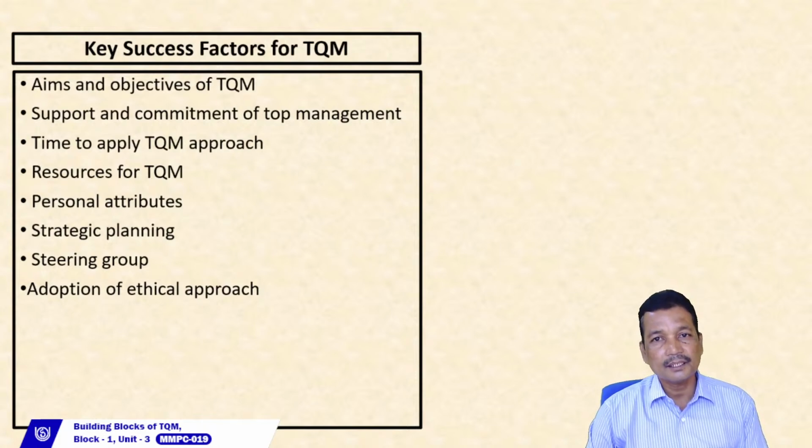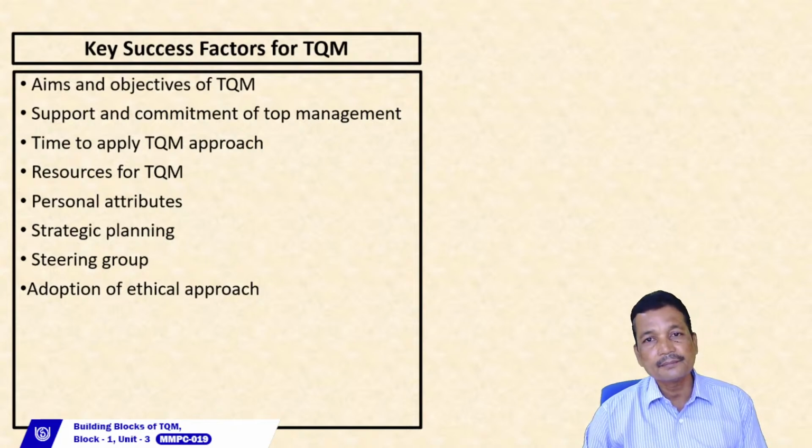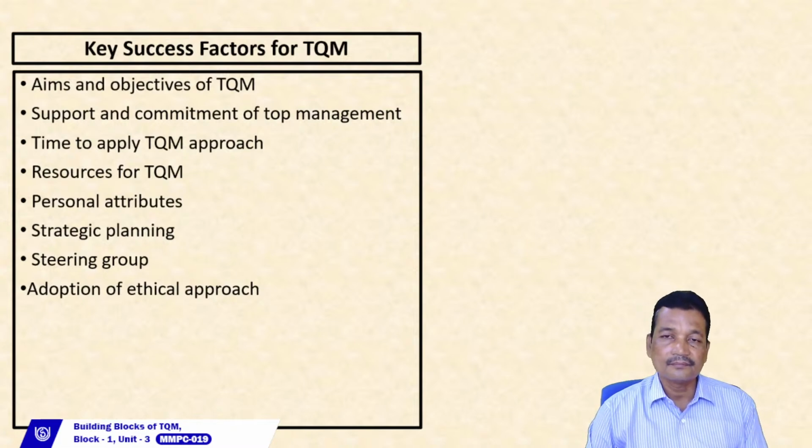We train the employees, we give them the proper basic tools and techniques that are to be adopted, and we try to see what is the improvement that is being generated to that portion of the particular organization. If it is giving better results, the word will spread throughout the organization.